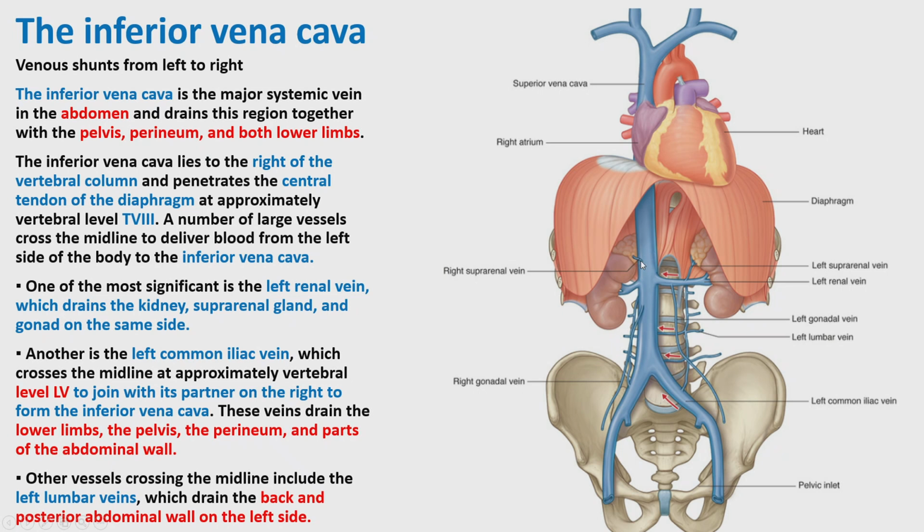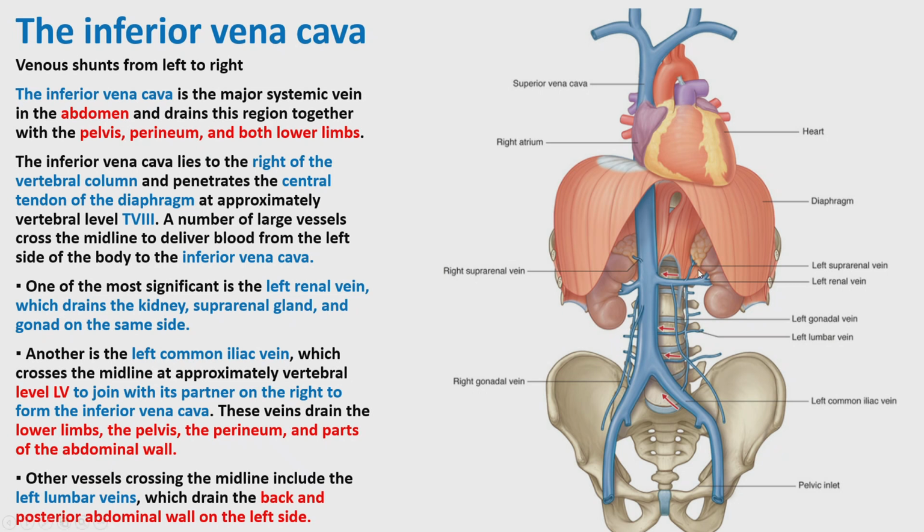The suprarenal gland, on the right side, be careful, drains directly to the inferior vena cava, but as you see on the left side, it drains to the renal vein, and then to the inferior vena cava. So pay attention to the difference between the veins on the right side and the left side. The right suprarenal vein and right gonadal vein, so ovarian or testicular vein, drain directly to the inferior vena cava.